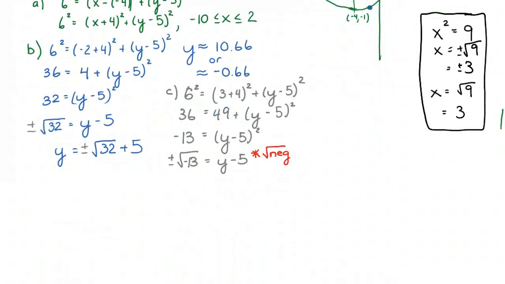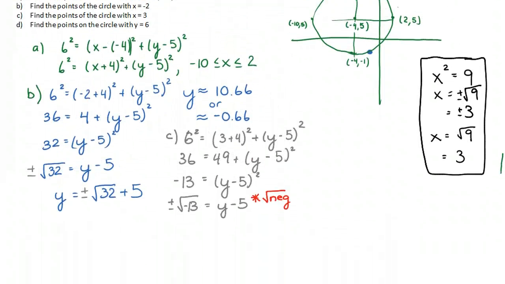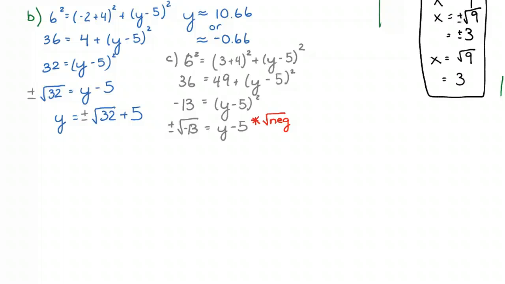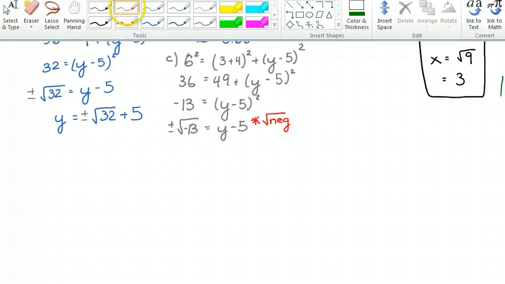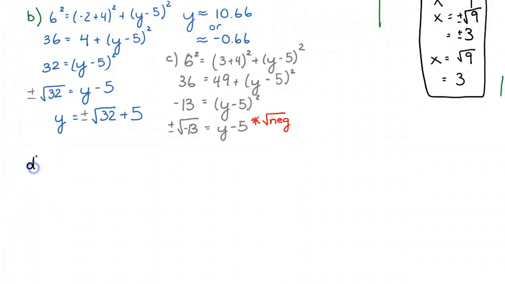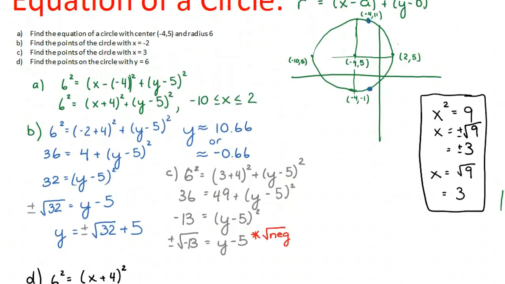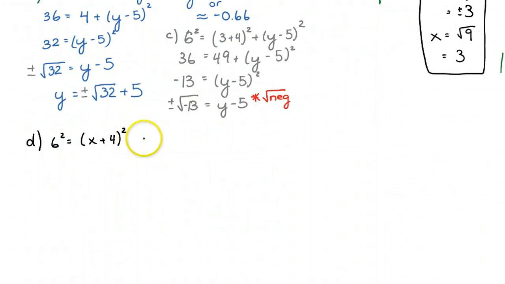Okay, let's do part D. And really, part D is no different than any of the other parts. So y equals 6. So let's change colors again. 6 squared is equal to x plus 4 squared plus 6 minus 5 squared.